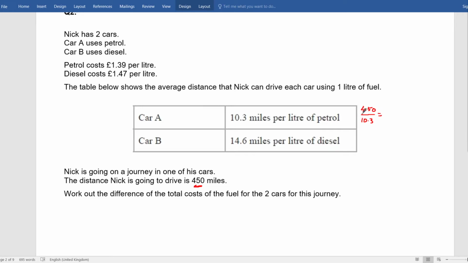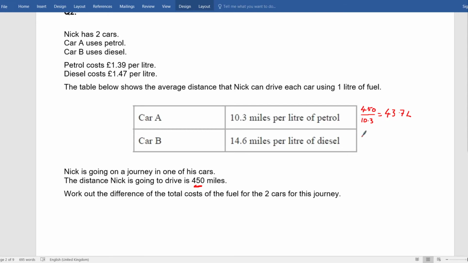Okay, so if we get our calculators out and do this calculation, which is 450 divided by 10.3, you'll get an answer of, kind of approximated, so that's not a problem. So we can say that's going to take up approximately 43.7 liters of petrol.